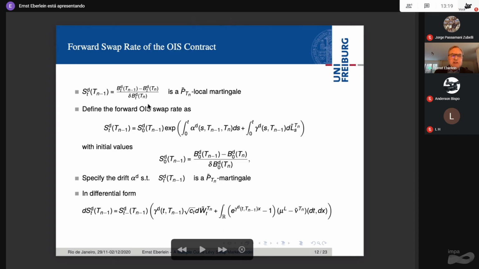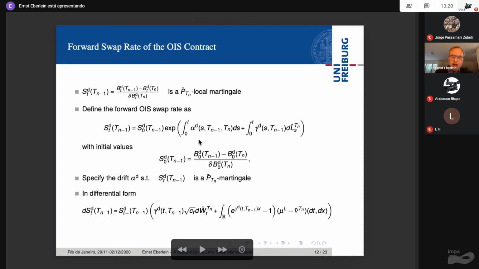We do the same thing for the risk-free part. Now here we have a simpler formula. The argument is exactly the same. We have here the difference of a local martingale minus 1, and that means we are forced to define the forward OIS rate again as a local martingale with another volatility function.